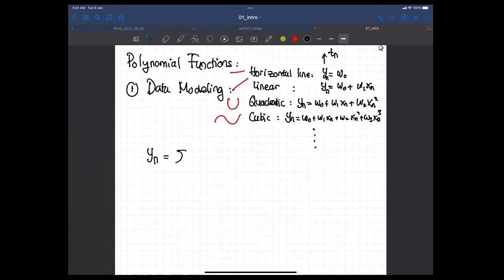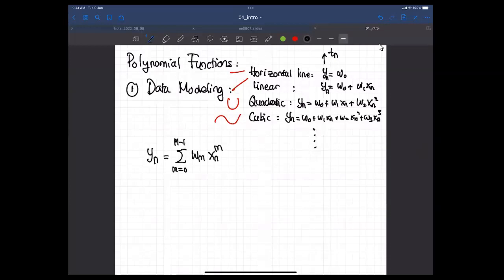The sum of n equals 0 until M minus 1, Wn xn to the power of what? Anyone? M, yes, to the power of n.